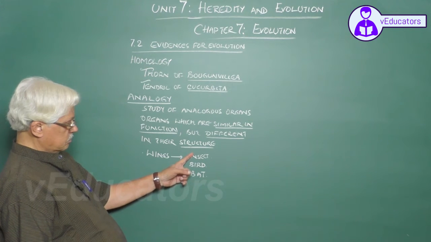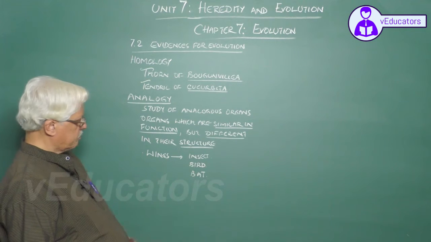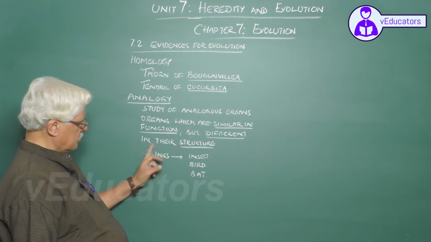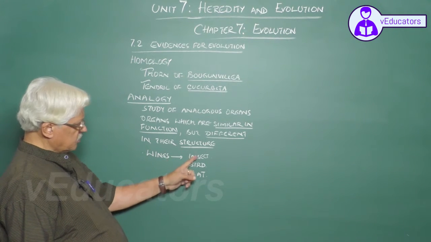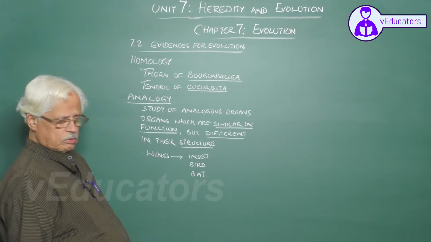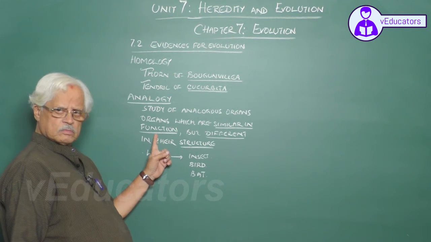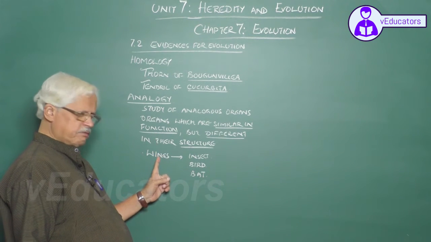Insects, birds and bats are all capable of flying. All of them have wings. Insects may have one pair or two pairs of wings. Birds and bats have one pair of wings. So they are all similar in their function. Function is to help in flight.